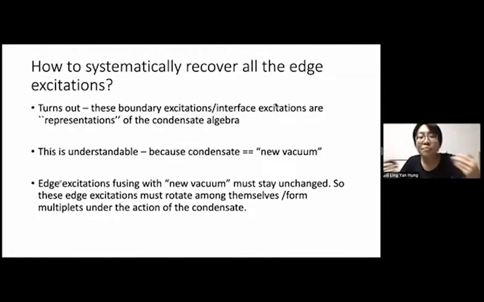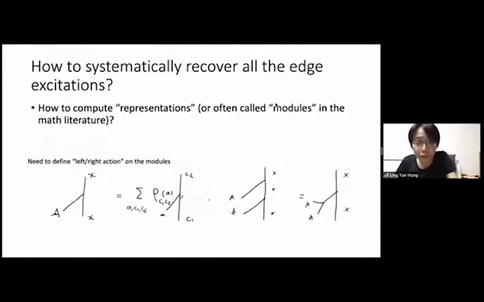So what that means is that the boundary excitations are really representations of this algebra A. So in particular, you can solve for these representations. So in general, there are some anyons in A. Sorry, not in A. I mean in the bulk theory C.